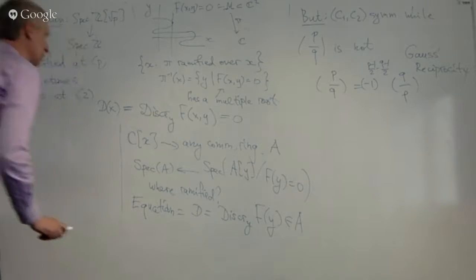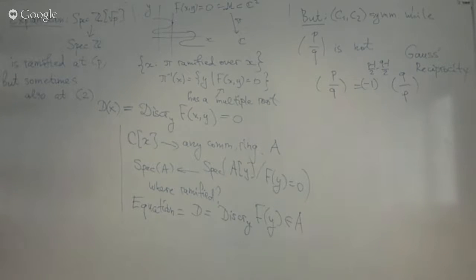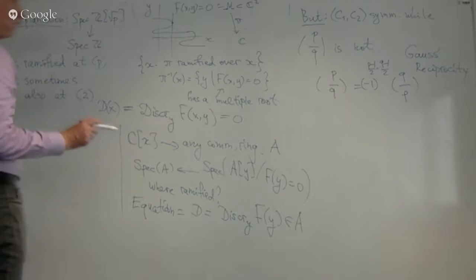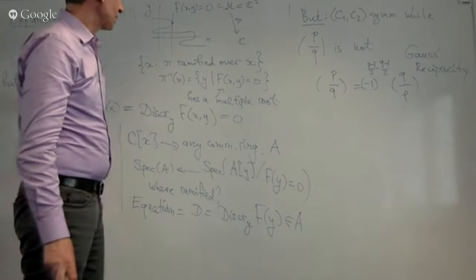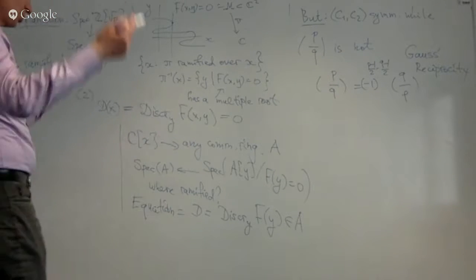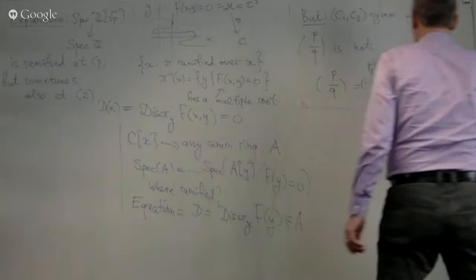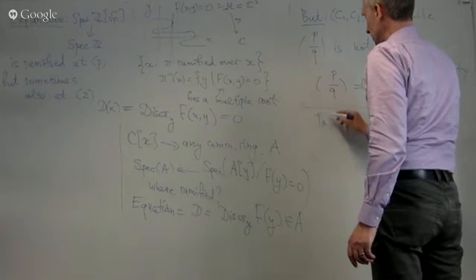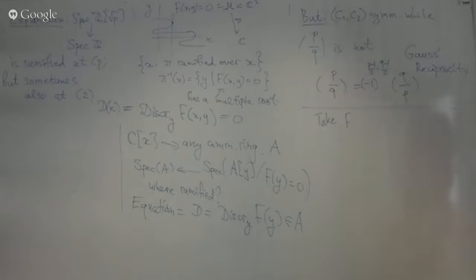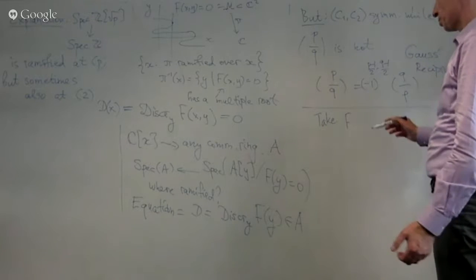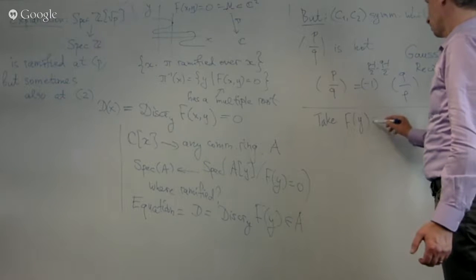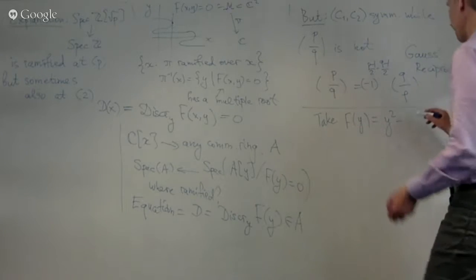So in particular, say f of y equals y squared minus something. The easiest way: take f of y equals y squared minus some element of A, minus a.